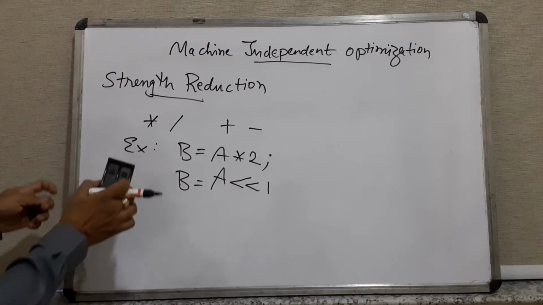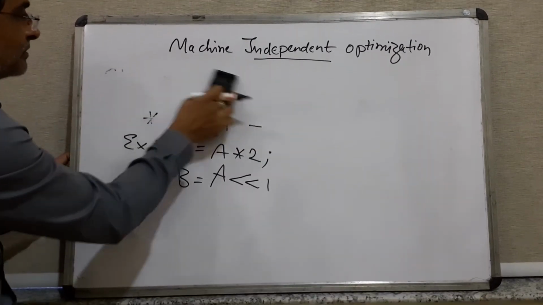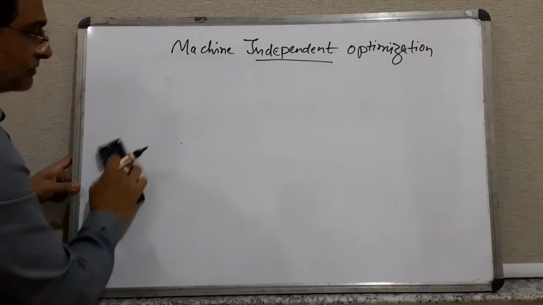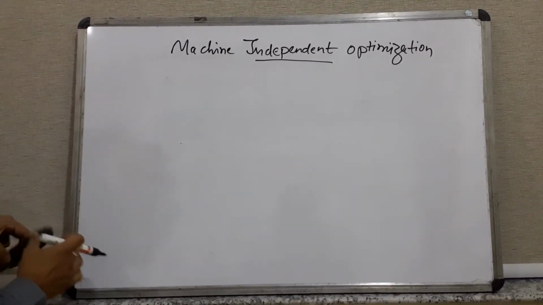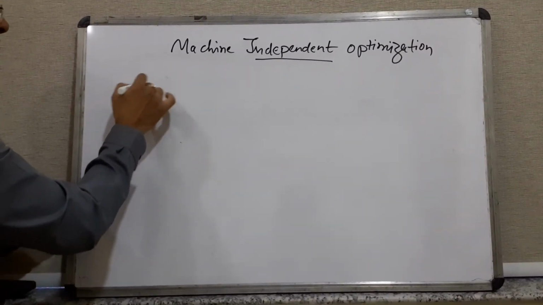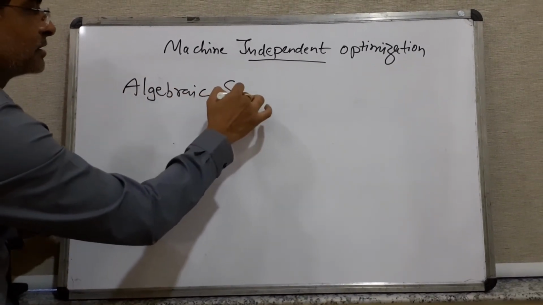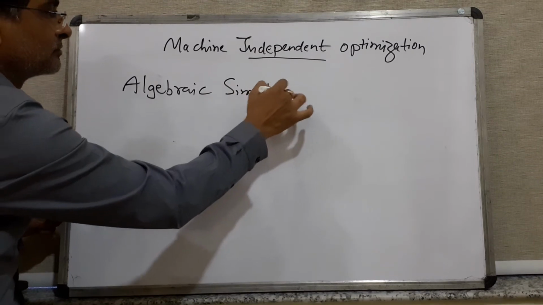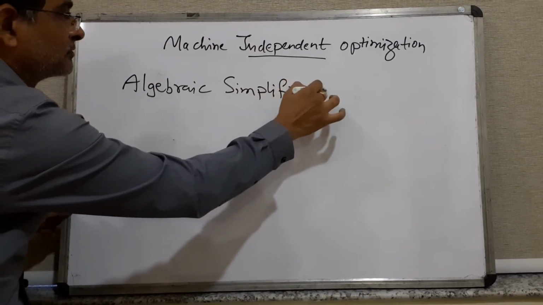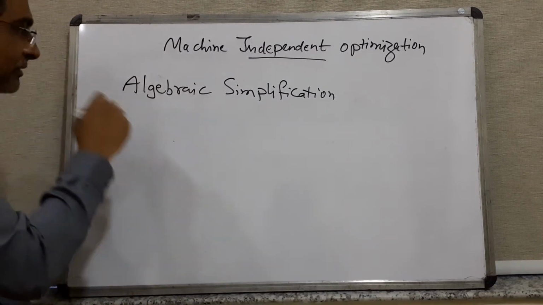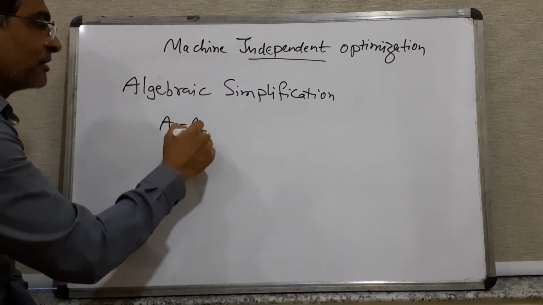Next is algebraic simplification. What is algebraic simplification? Let's say A is equal to A plus 0.